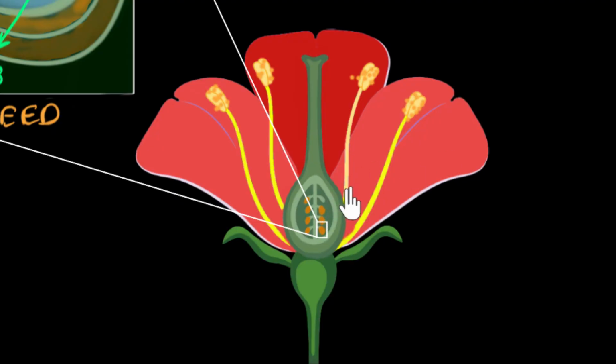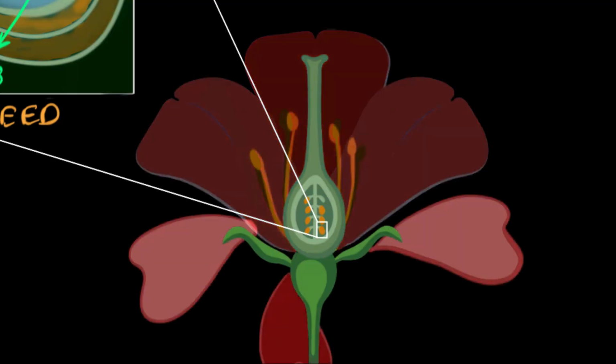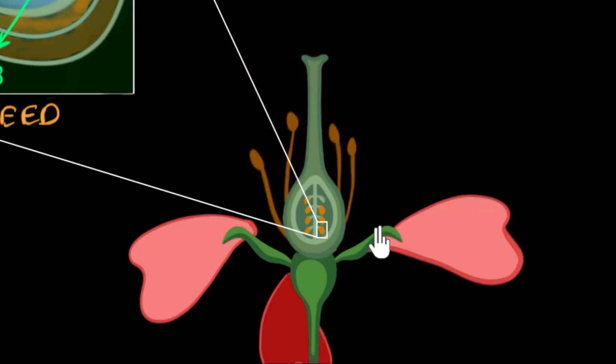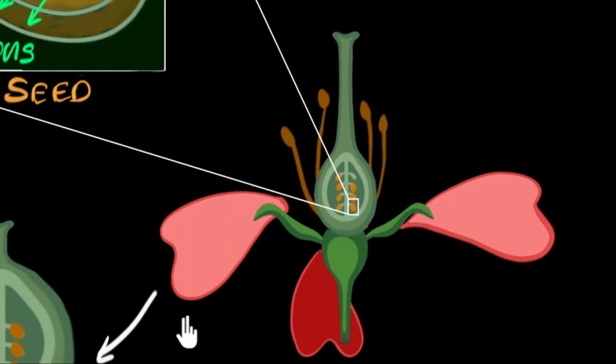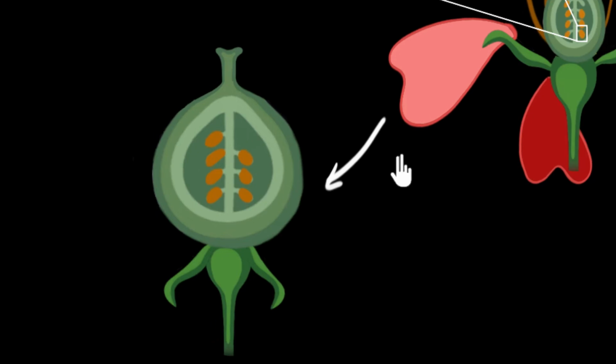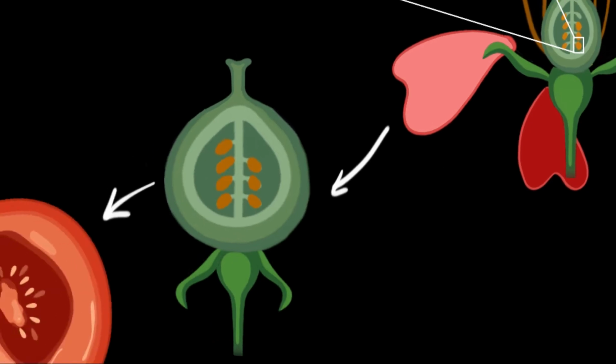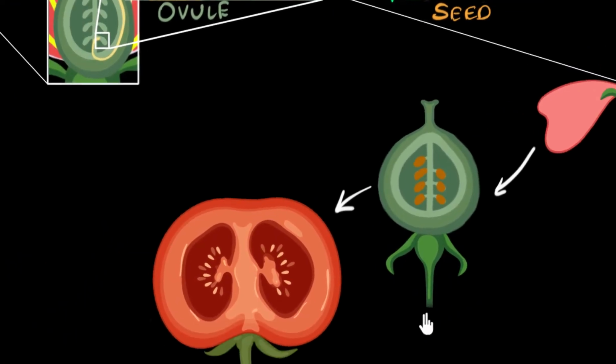What else is going to happen? Well, we no longer need the stamens, so the stamens will start drying off. We no longer need the petals, so you will see the petals fall off. And we will now find eventually the ovary. This ovary starts swelling and starts becoming bigger and bigger. Here it is. The ovary starts becoming big, and eventually it's the ovary that's going to grow into a fruit.